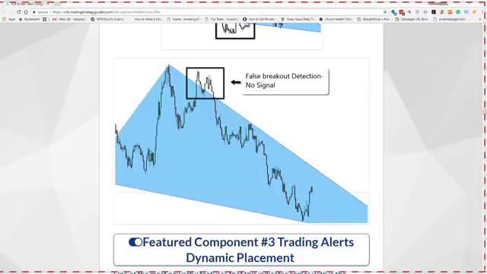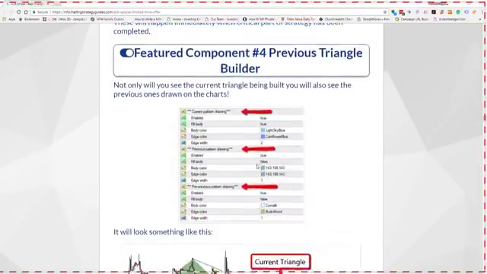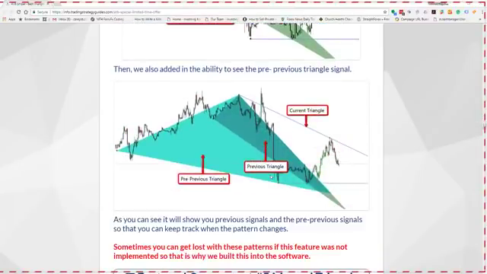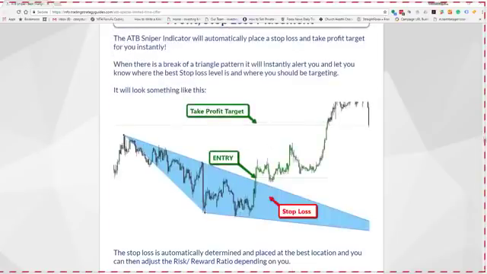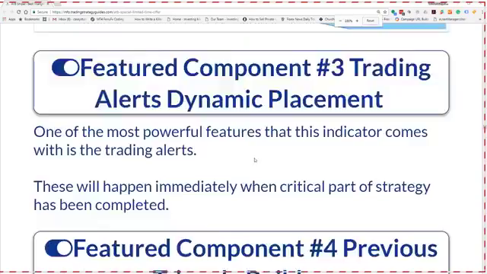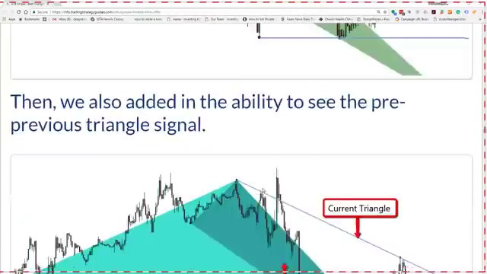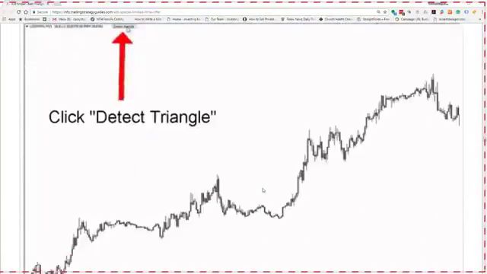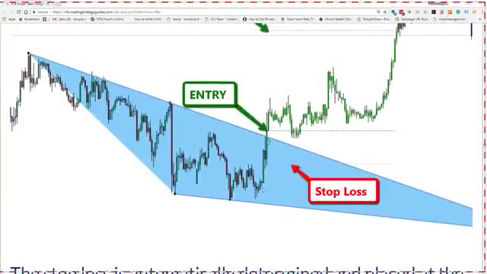And so Bobby is wondering if it gives a signal right away when it breaks. Well, Bobby, the way that it works is I'll show you exactly how it works. You can see some examples here. As soon as it breaks out, you get the entry, because we don't want to wait around.